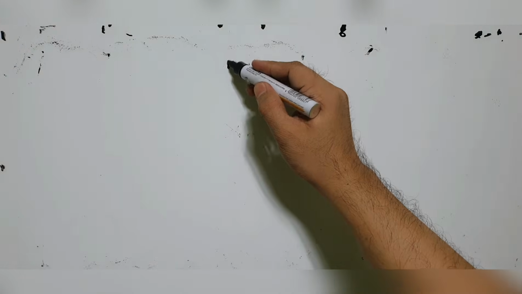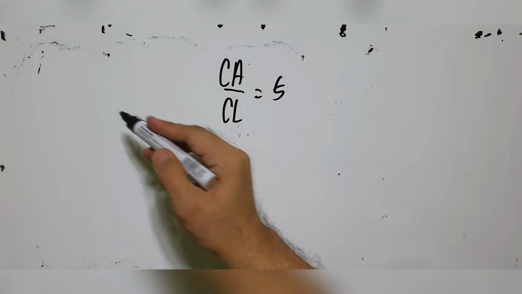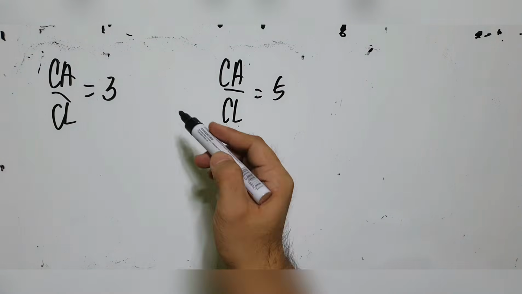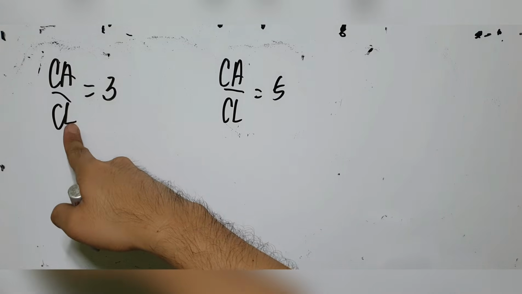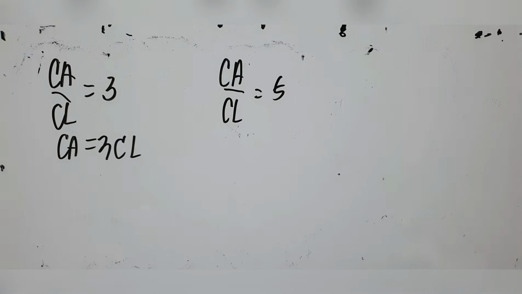Ang gusto natin na current ratio, CA over CL ay 5. Pero currently, ang CA over CL natin ay 3. So, if we transfer CL sa kabilang side, so CA is equal to 3CL. Sabi dito, working capital at present is 40,000.